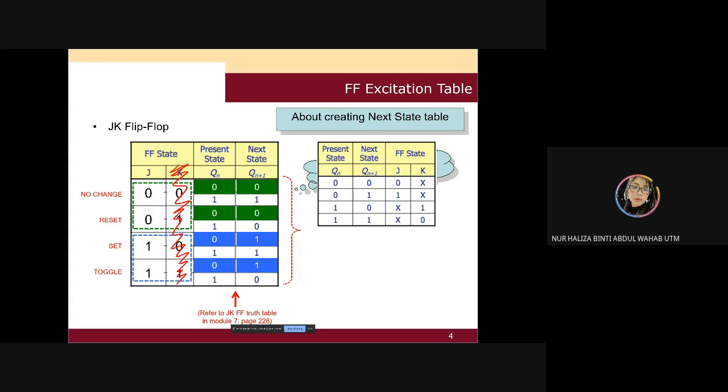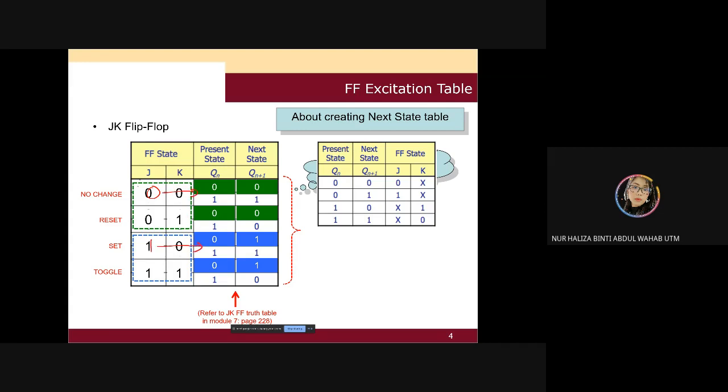0, 1, whether the condition of present state will be 0, going to be 0, and then your present state is 0, it's going to be 1, let's say. And you have another condition of present state as 1, going to have 1 and then 1 to 0. So depending on what happened, you need to have all this 0, 1 only.